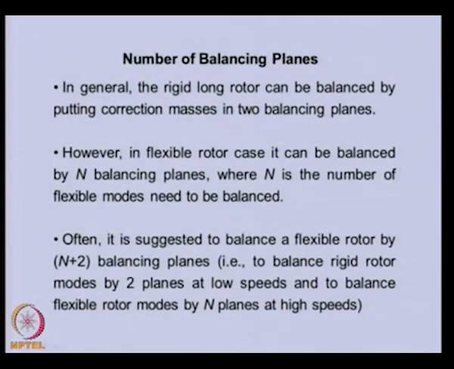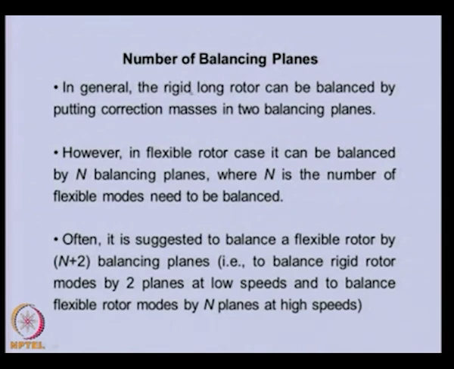When we are talking about balancing, the question arises: how many balancing planes should we have to balance a rotor? Conventionally, we know that for a rigid rotor we require two balancing planes, because we need to balance the force as well as the moment.